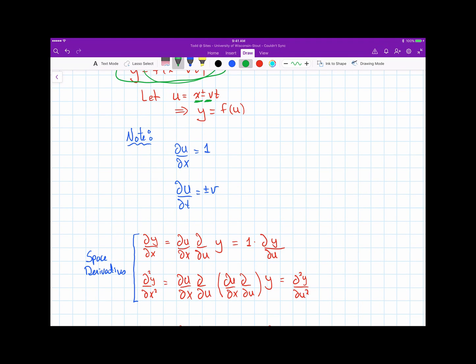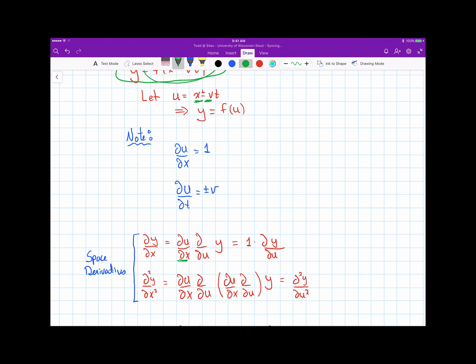So for the spatial derivatives, we're taking dy dx. Now we have to use the derivatives here, and we're going to break this out as du by dx, d by du. That's my dy dx. And we noticed in the previous step that du dx was just 1, and so we're just left with dy dx is equal to dy du.